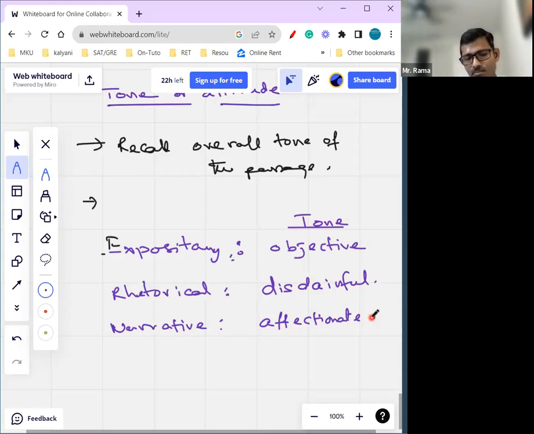Because when you read it, keep in mind that you're reading somebody's paragraph, but they wrote it. So you're thinking of the author's attitude, not yours. You may agree with whatever he says, or you may not agree with it. Doesn't matter, but again, always think of how he does it. Okay, so be careful with that.